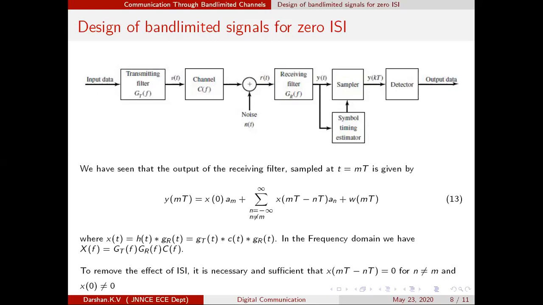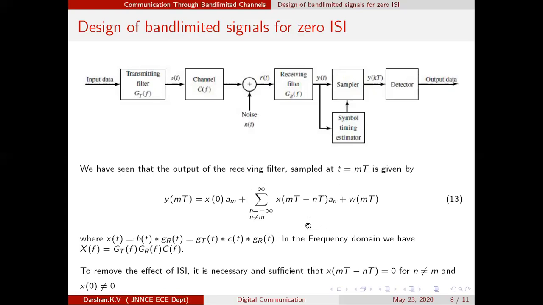An refers to the amplitude of the symbol, and you cannot make the amplitude of the symbol 0. The only thing you can do is make the term x of mt minus nt 0. If you carefully observe, what is x of mt minus nt? It is nothing but the sample values of x of t. I repeat the sentence: to make this quantity 0, the second term, or the ISI term, is the summation term.